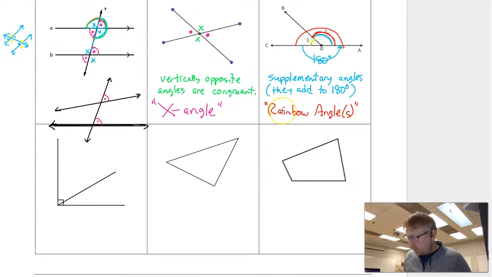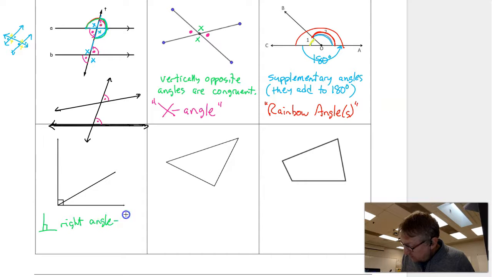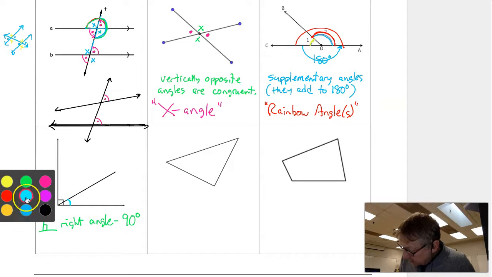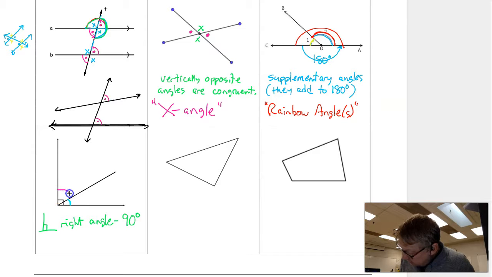A couple more tools to talk about here, and then I'll hang it up. If you have a box in the corner, you know that symbolizes a right angle, 90 degrees. And the idea here is you have an angle piece in here that's blue. You have an angle piece in here that's pink. But those two pieces together have to together make the 90-degree box. And so we would say dot angle plus X angle together should make 90 degrees.